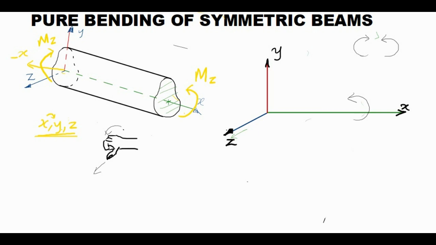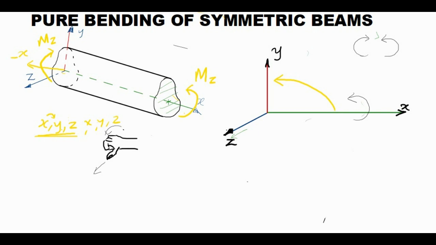Here the anti-clockwise moment is from x to y direction, so it is positive. Otherwise, if the order is changed, not in this order, that will be negative z direction.